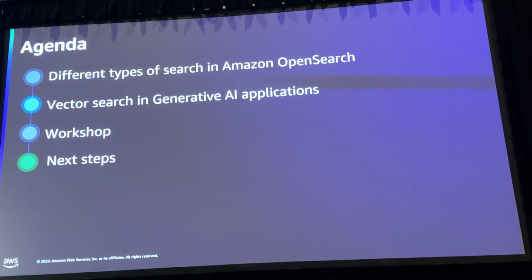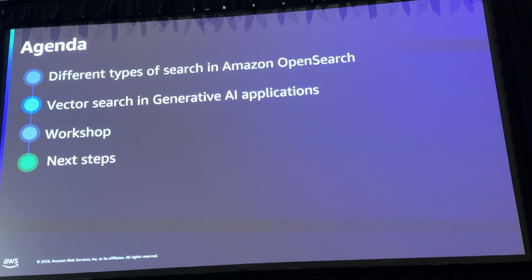So here's the quick agenda of what we have prepared for you today. First, we will take a look at the different search options and cover the use cases. Then we will talk about how vector search is used in generative AI applications, which is by far the most popular use case that we've seen recently. Then you will apply those learnings by doing the workshop labs.